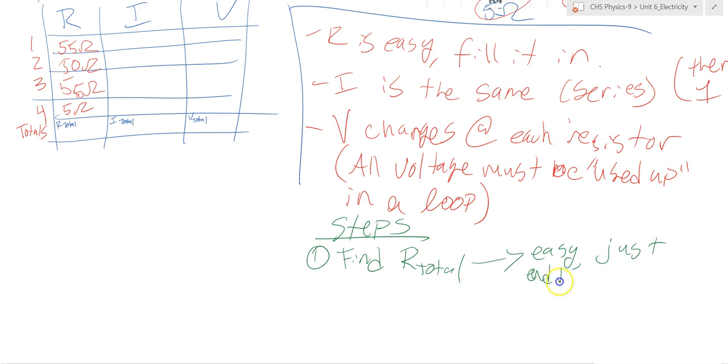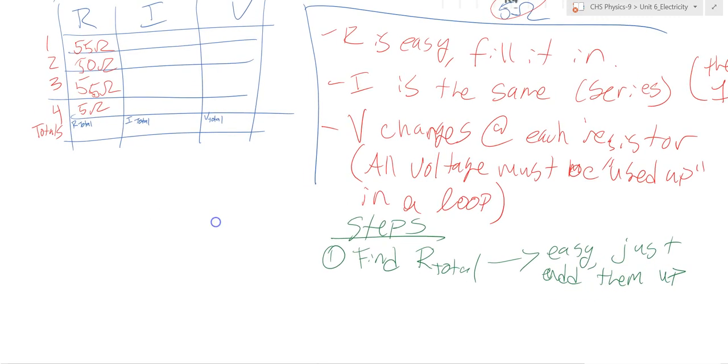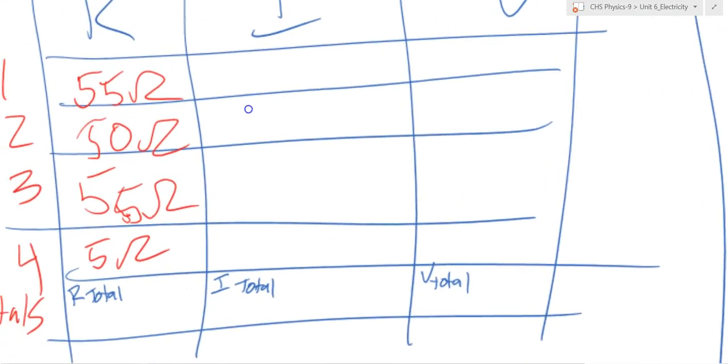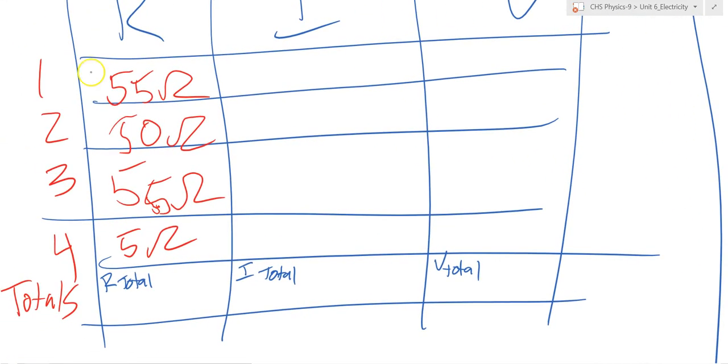Just add them up. All that I need to do for the R total is 55 plus 50 plus 55 plus 5, and we get a grand total of 165 ohms. Pretty easy, right?